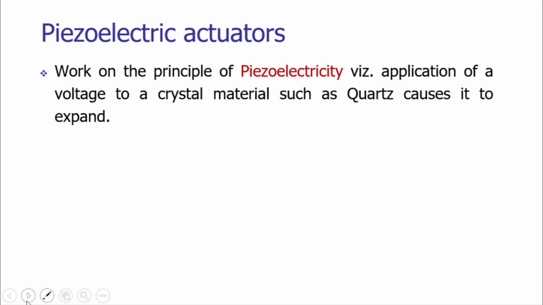We have already seen the definition of piezoelectricity in our previous lectures. It is the application of voltage to a certain type of material, quartz material or crystal material. So when we apply the electrical potential to these kinds of materials, they will expand. There is a change in the volume of these materials.